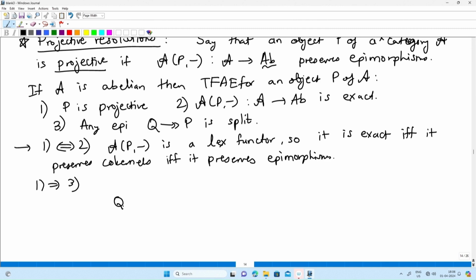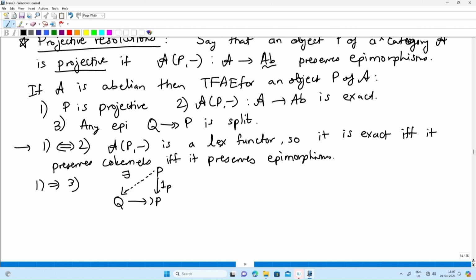So you can say this is Q to P, and then this is my P, and I take identity to P. Now, this is an epimorphism. So therefore, there must exist some map here such that the diagram commutes. That is condition 1. So there exists such a thing.